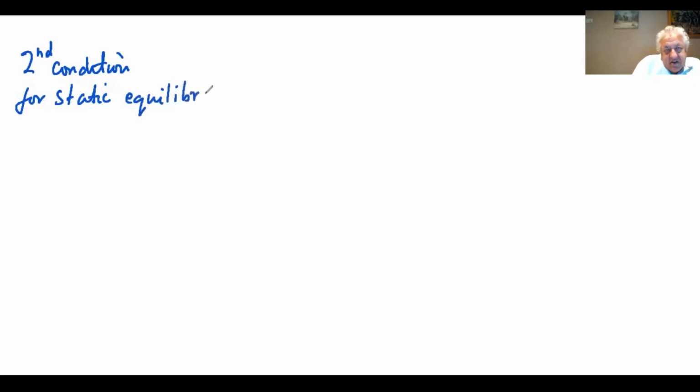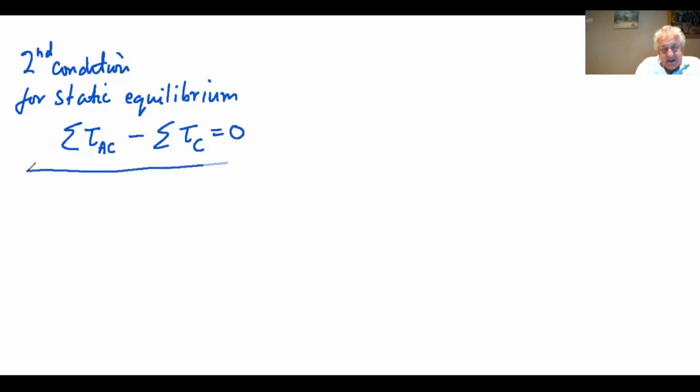Now the second condition is the sum of torques in the counterclockwise and clockwise directions must be 0. And we define clockwise torques, anticlockwise torques, or counterclockwise, depending on which term you like. And the clockwise torques are negative. So these torques should also be 0.